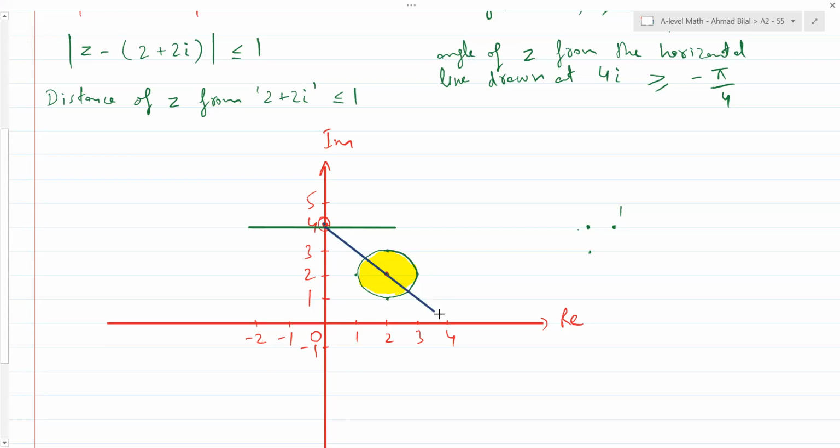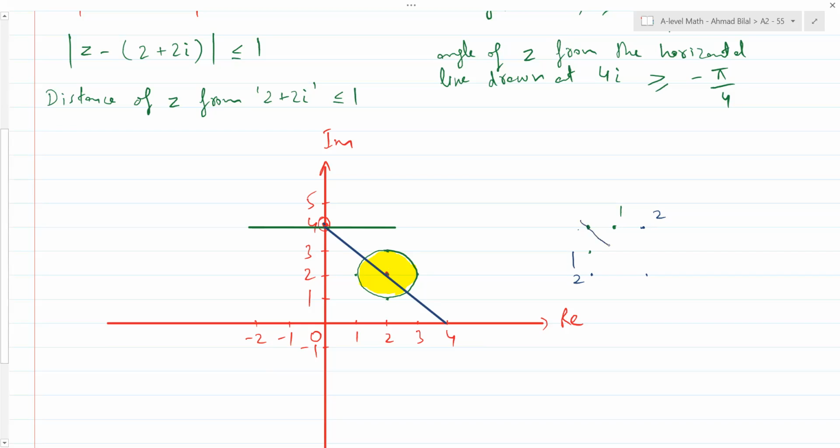And it will pass through this center. The reason for that is, it's a 45 degree line, so whatever distance it travels horizontally, it travels the same vertically. If we go to 2 here, it comes to 2 here. So it's the direction of the y equals minus x line. So it's going to be like this.